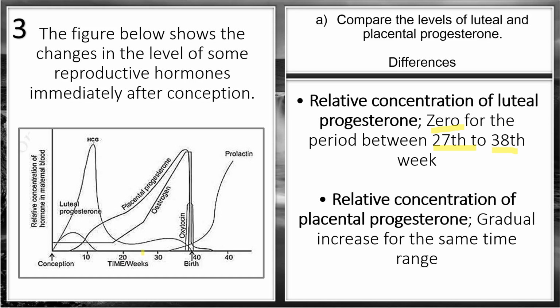From here, it is 0 up to the 38th. Whereas the placental progesterone gradually increases for the same period. Now placental here, when the other one is 0, this one is gradually increasing.